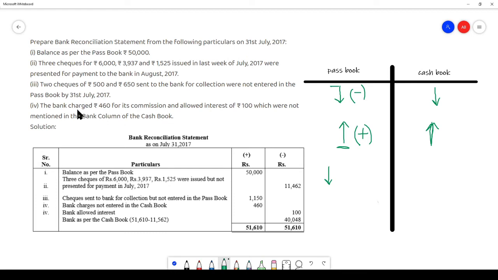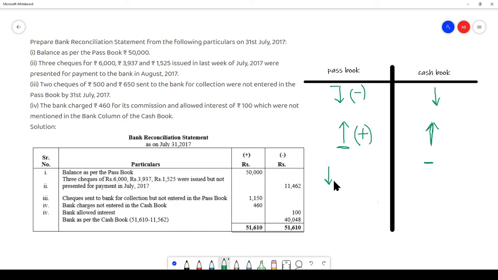First, my transaction says the bank has charged 460. That means it has deducted an amount of 460 from my account. So when my bank balance has been deducted by 460, definitely my passbook balance has gone down. Compared to this transaction, my cash book will show a higher balance because nothing has been recorded here. So my cash book was at a higher level, while on account of this commission charge, my passbook balance went down.